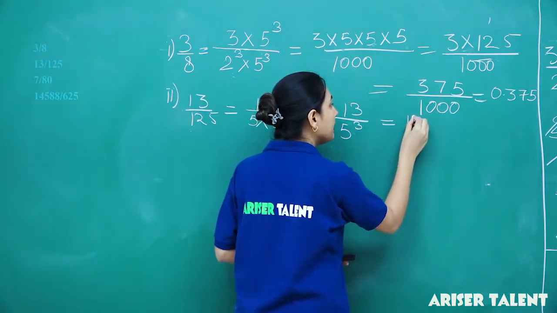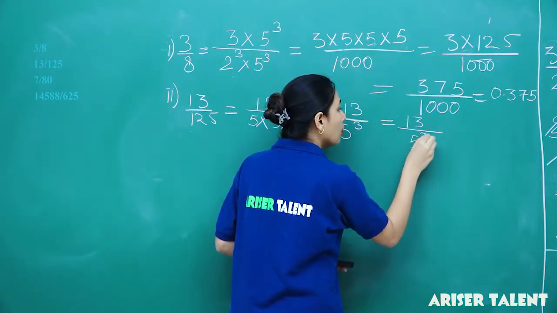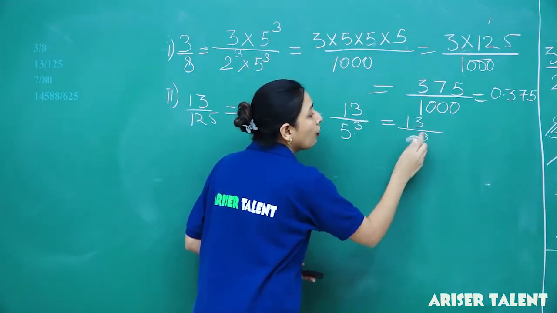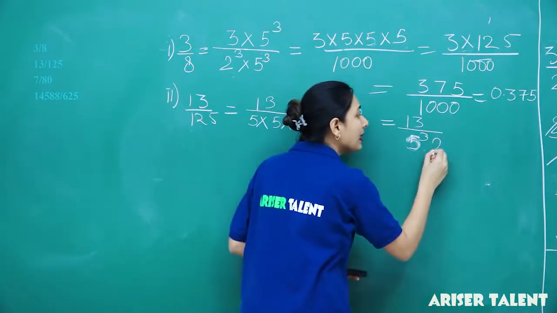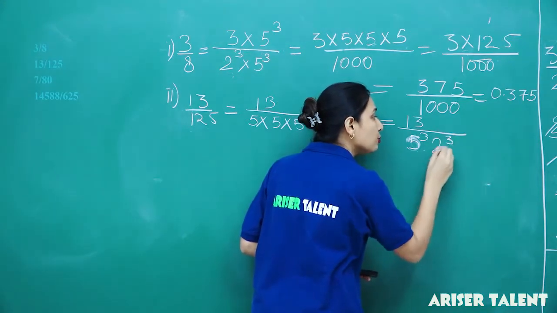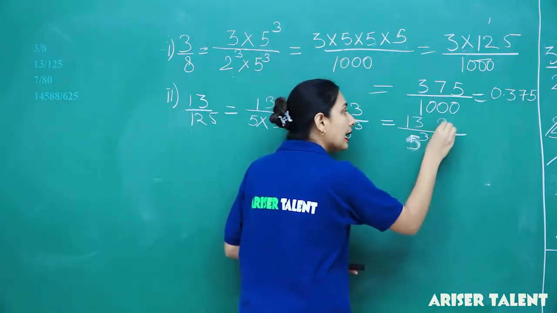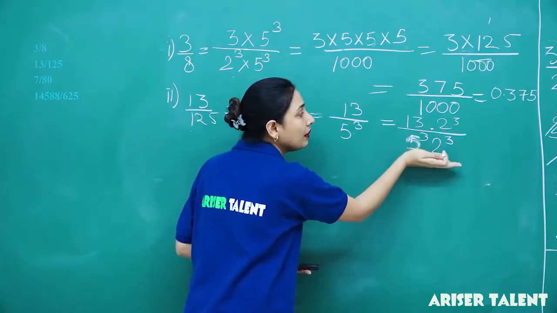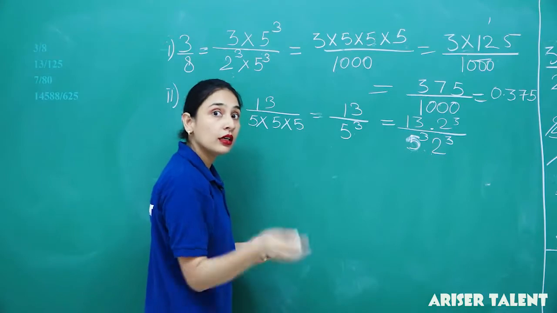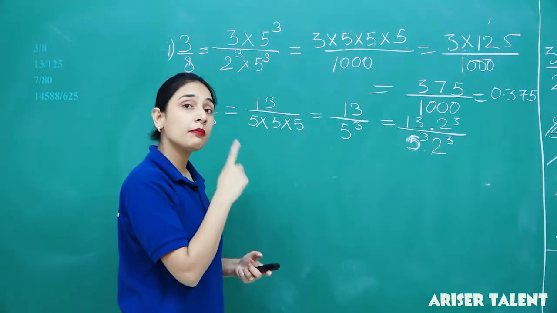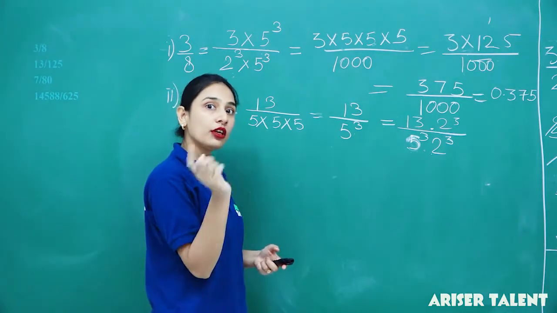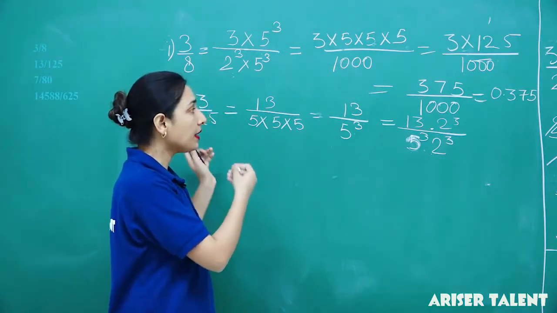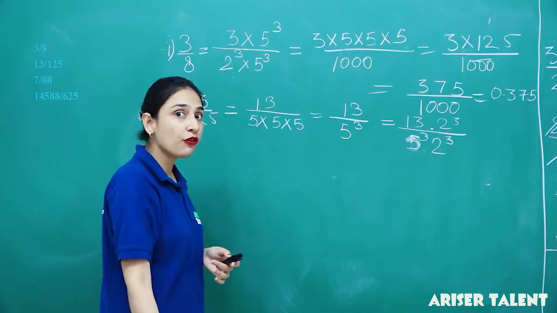So it can be rewritten as, what we are going to do, we will multiply 10 to the power 3 here and 10 to the power 3 here, so that the denominator can become a multiple of 10 and we can convert this number into decimal. This is the way we have used to write a particular number in its decimal form.